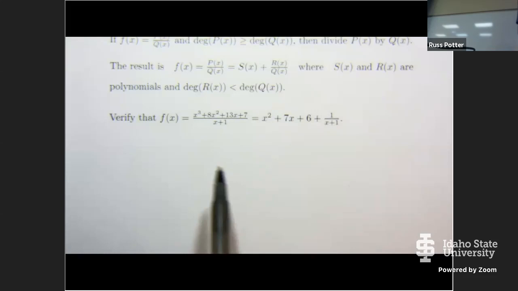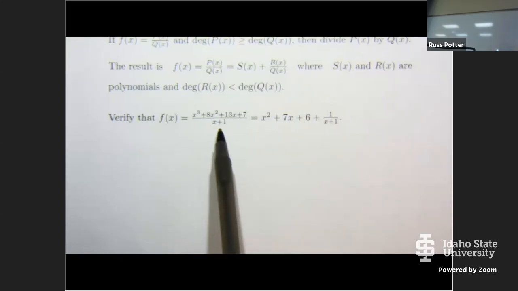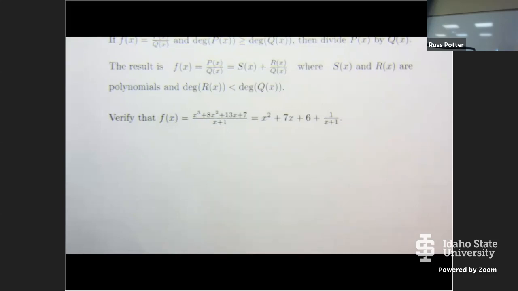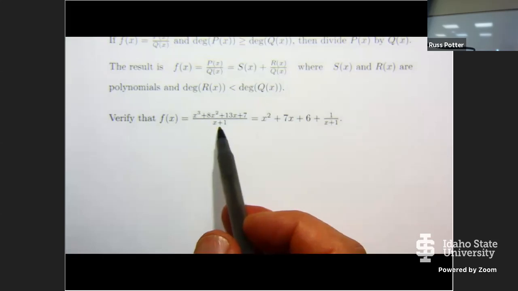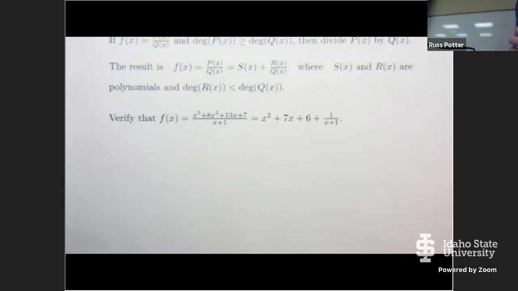Okay, the way that you're going to probably have to do it, depending upon what you're dividing by, since we're just dividing by x plus 1, we could use synthetic division, but if the denominator is a higher degree polynomial, then long division is the way to go.